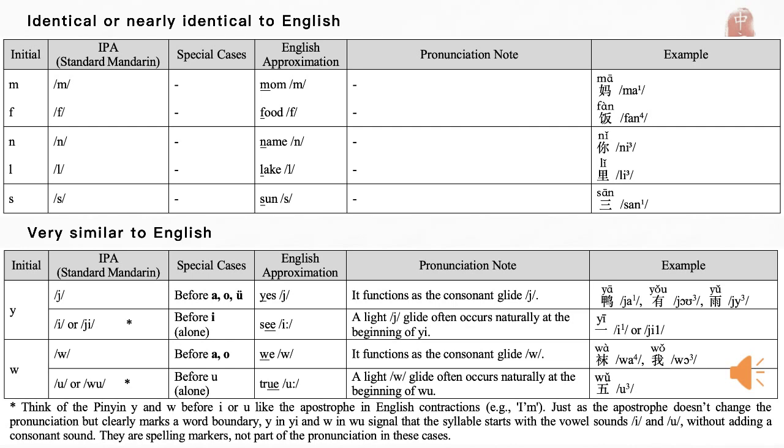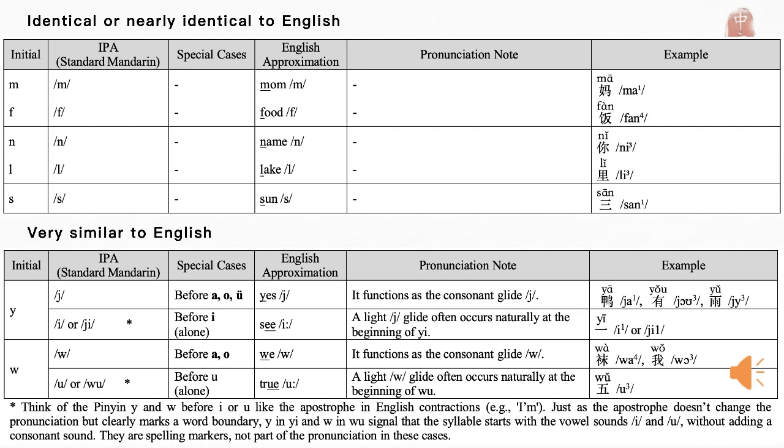Before i alone, a light y glide often occurs naturally at the beginning of i. Initial w before a or o functions as the consonant glide u. For example, wa, wo. Before u alone, a light w glide often occurs naturally at the beginning of u.